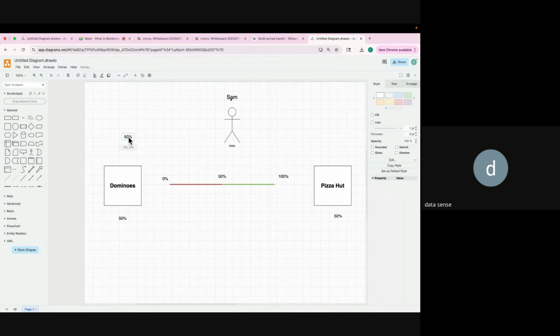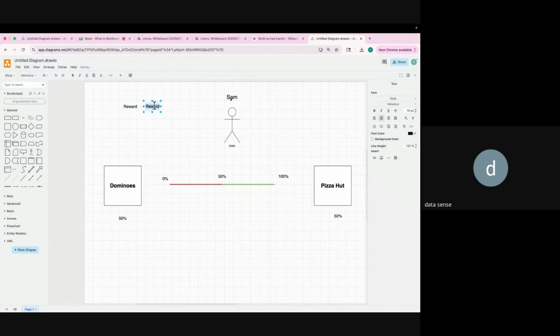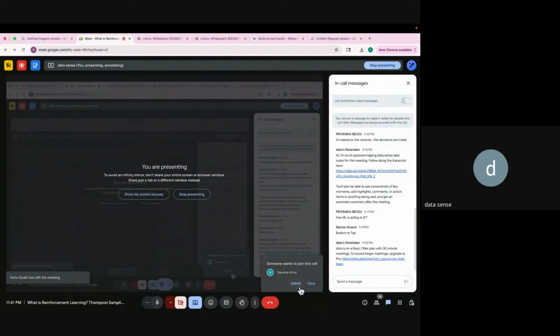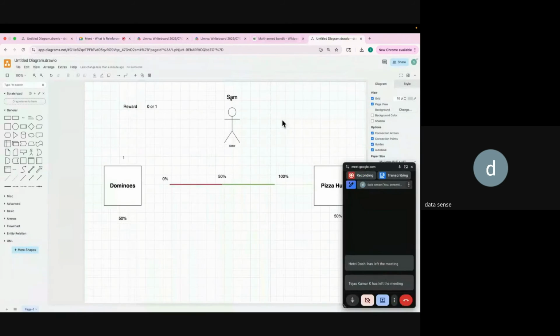Let's say he can give a reward of either 0 or 1. He came to Domino's, he liked it. So what reward will he give here? 1. He'll give a reward of 1. He had a good experience.